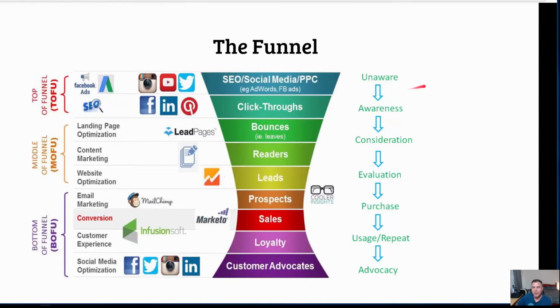And the first stage of our funnel, or the front end of our funnel, using, for example, in our case, paid advertising, Facebook ads, we make them aware. We continue to build that awareness of what our offer is, so that they start to take into consideration what it is we're offering. Now, people will always drop off.